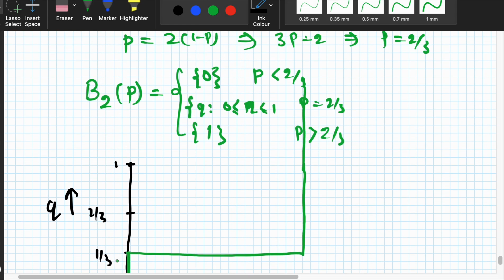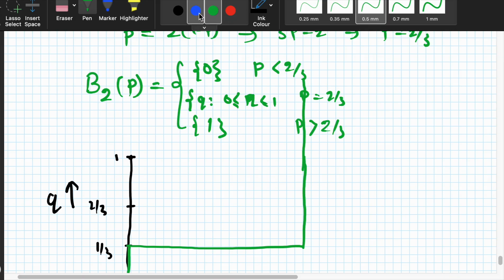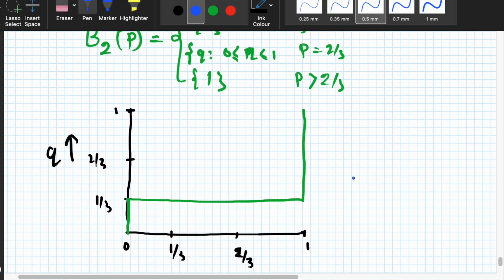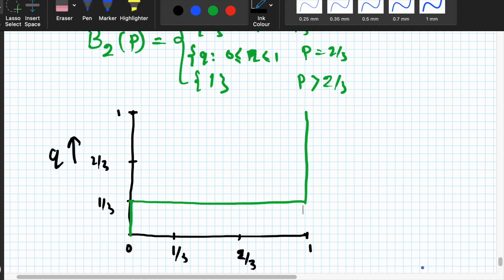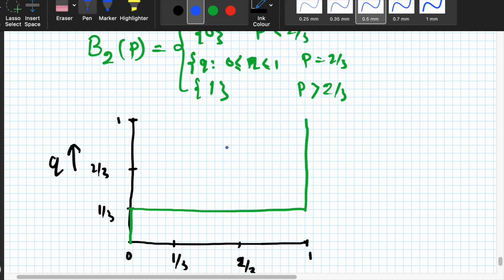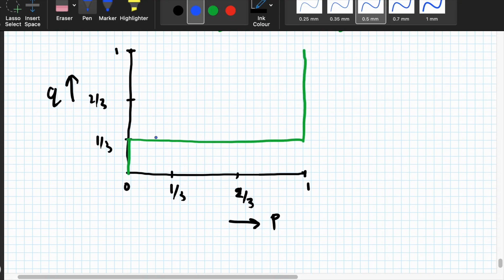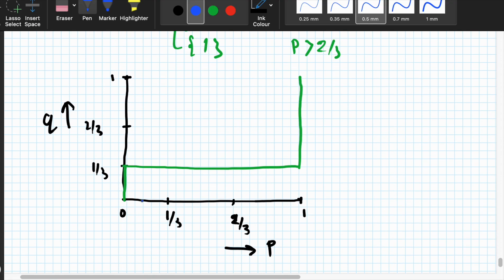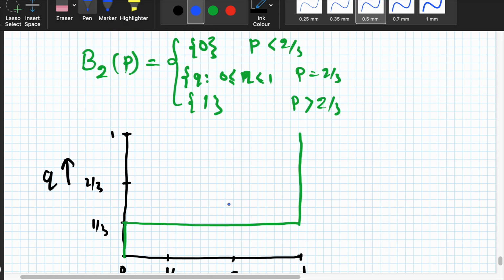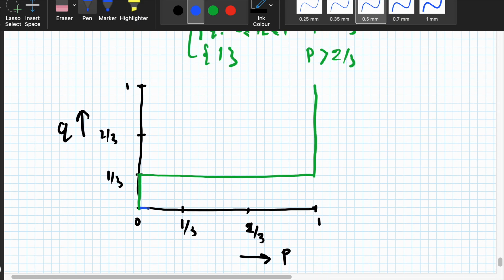Now for player 2, the situation is that when p is less than 2/3, up to this point, p from 0 to 2/3, the best response function is q equal to 0.